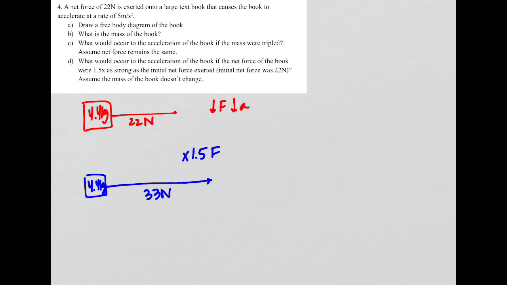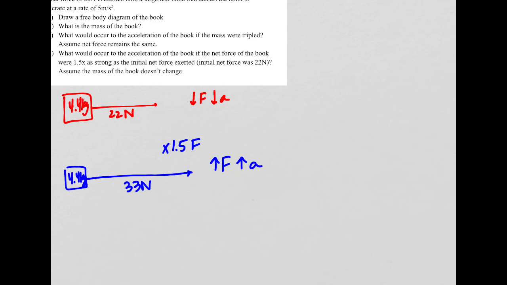All right, so here we're going to have a larger force, a 1.5 times larger force. So that means we're going to have maybe a 1.5 times larger acceleration. The correct answer, if you didn't prove it mathematically, would be that the acceleration in the second scenario would increase by 1.5 times.